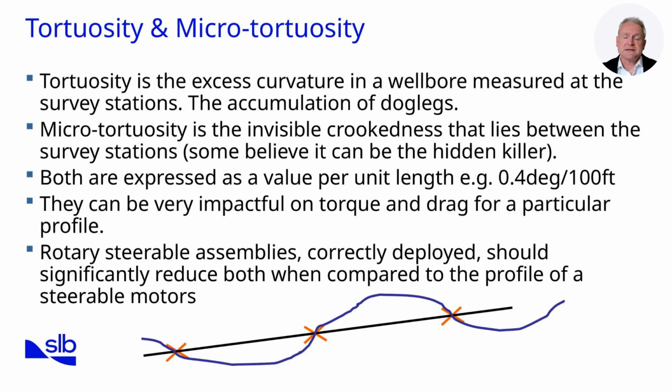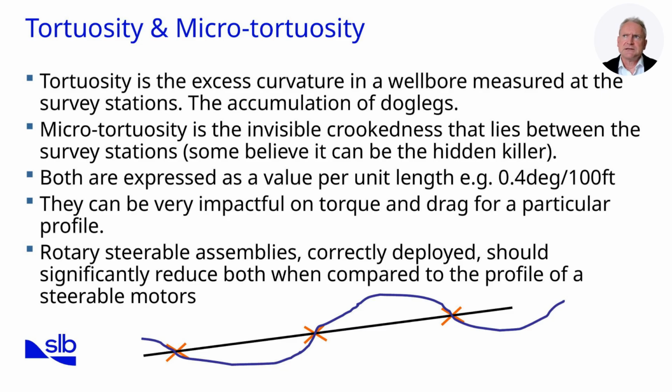Tortuosity refers to excess curvature accumulated along the wellbore, measured at survey intervals and expressed as dogleg severity. Microtortuosity, in contrast, is the invisible crookedness between survey stations that cannot be captured by conventional measurements. Though small, it can significantly affect torque, drag, and casing wear, becoming a hidden operational hazard. Studies show tortuosity results from bit mechanics, formation variability, and motor steering effects.